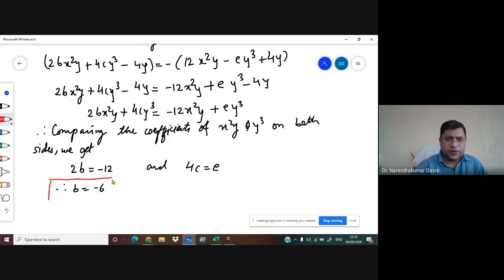So from this equation we are able to get b is equal to minus 6.